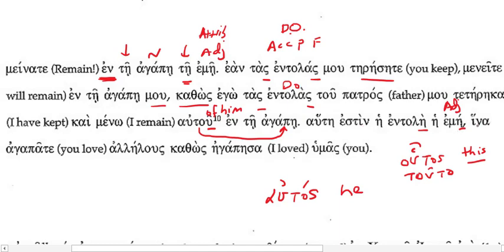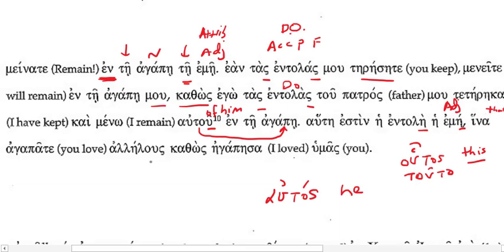Hina, that. Here we're going to want to translate it as that, although hina could also be translated as in order that, or so that. Here, that, because he's specifying what this commandment is. That, agapate, you love.